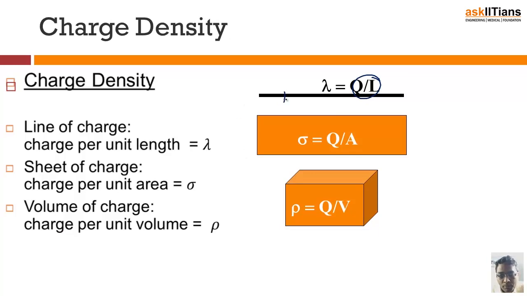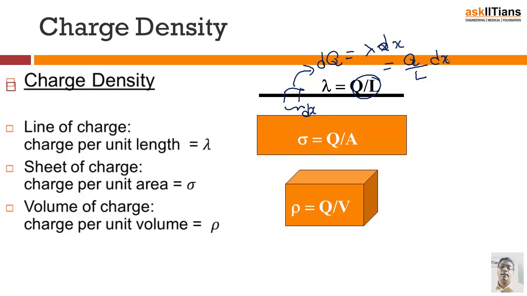If you take a small portion here, having some charge, let's say dq, and if I say that x is the length, dq is going to be defined as lambda into x, or if I say lambda dx, that will be more precise. So lambda dx tells you the amount of charge. Because lambda is constant, you can put it this way: Q over L dx.